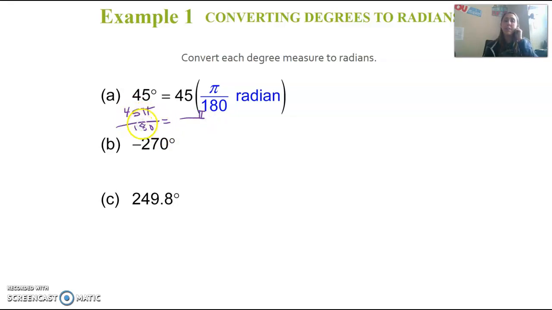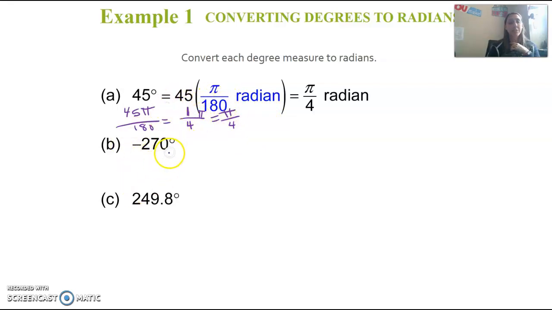Well, 45 and 180 have 45 in common. There is one 45 in 45, and then there are 4 45s in 180. So we end up with just pi over 4, which is what we got, pi over 4 radians. So again, number 1 is pi over 4. We need to leave this in terms of pi.